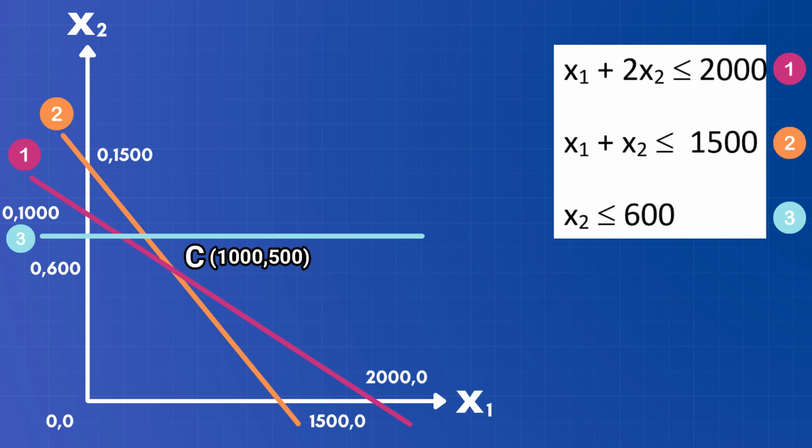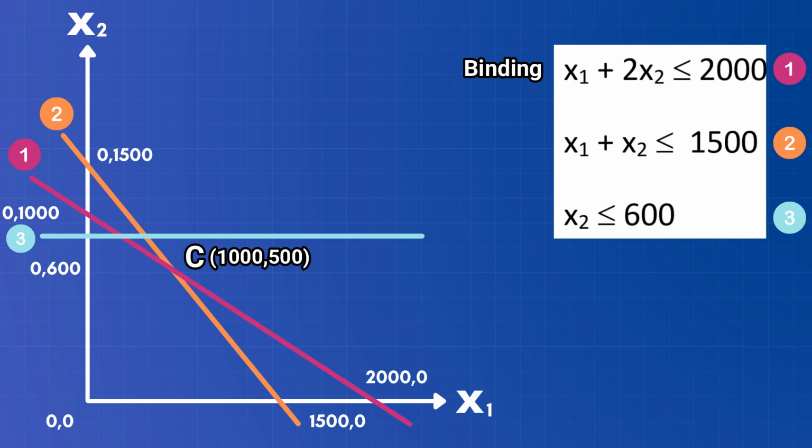So for the first equation, that was x1 plus 2x2 less than or equal to 2000, let's put the value of point C here. So putting x1 is equal to 1000 and x2 is equal to 500, we find that LHS is equal to RHS. That means this particular constraint is binding.